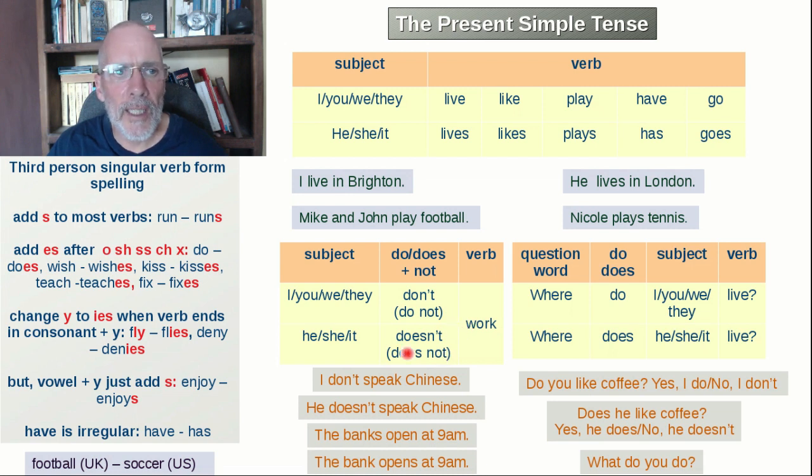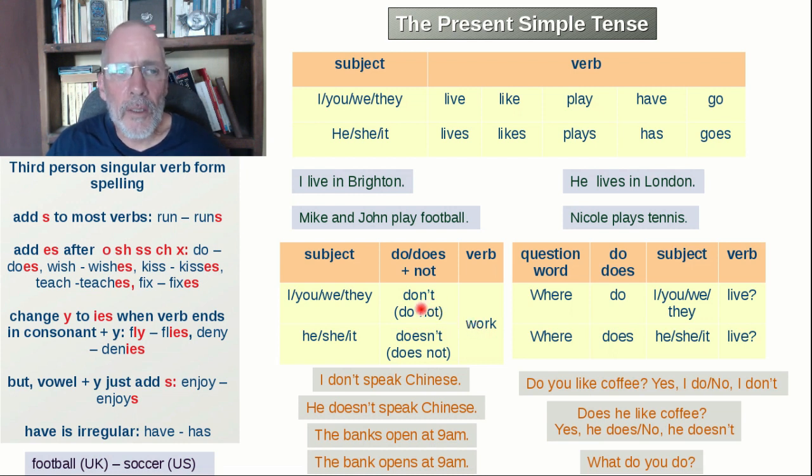We don't say she does not works. Remember, in the statement form we need to use the S form of the verb for he, she, or it. But here in the negative we don't use it because the third person singular form of the verb is in the does. We are changing the auxiliary from do to does, not the main verb.